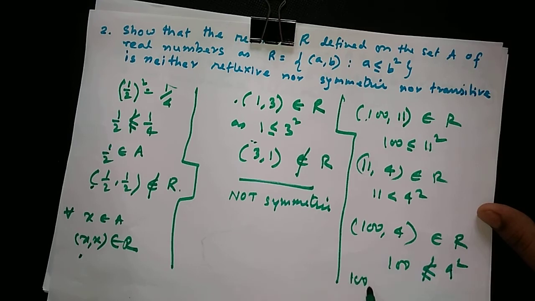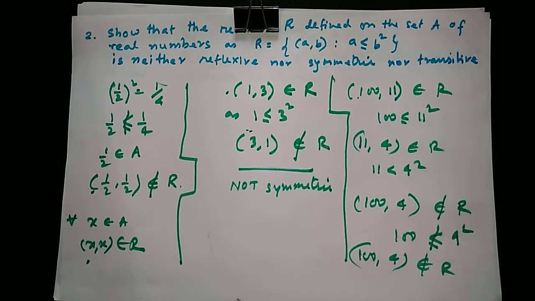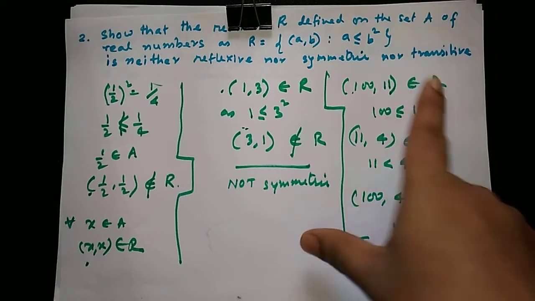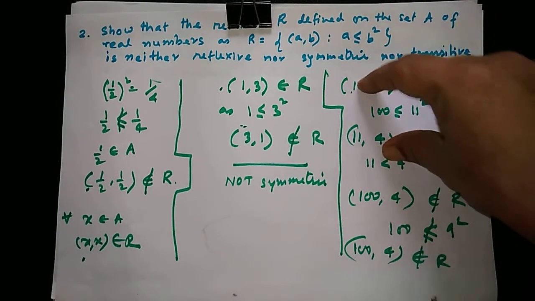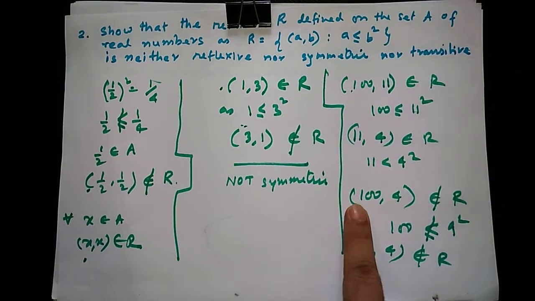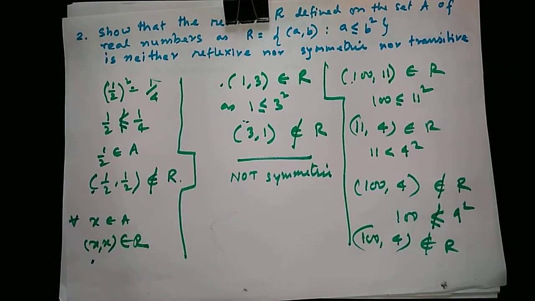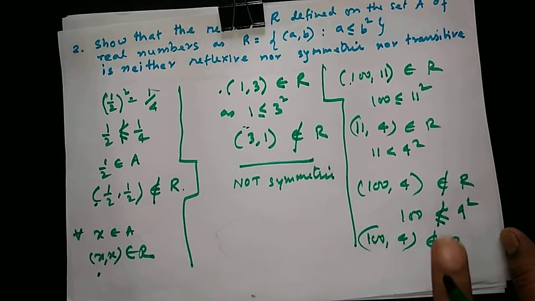So (100, 4) will not belong to R. Meaning (100, 11) belonging to R and (11, 4) belonging to R, from these two I cannot write (100, 4) belonging to R. It means the relation R is not even transitive. So it is not reflexive, not symmetric, and not transitive.